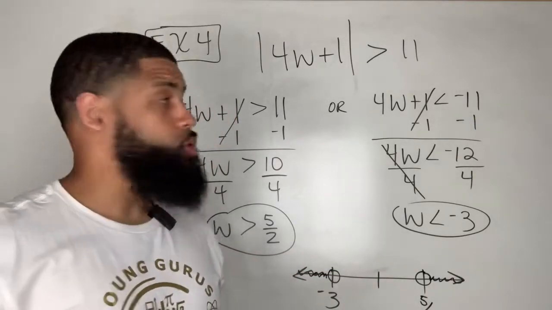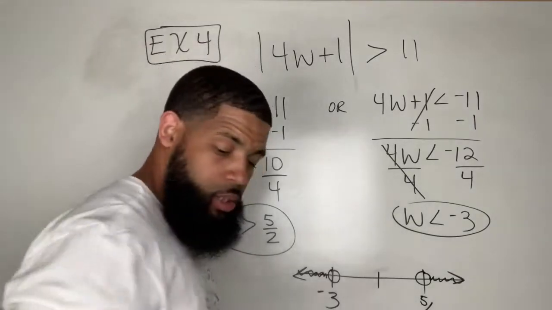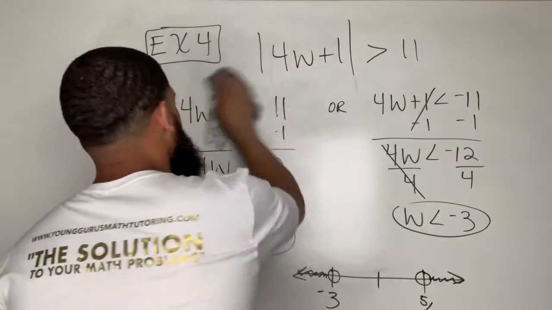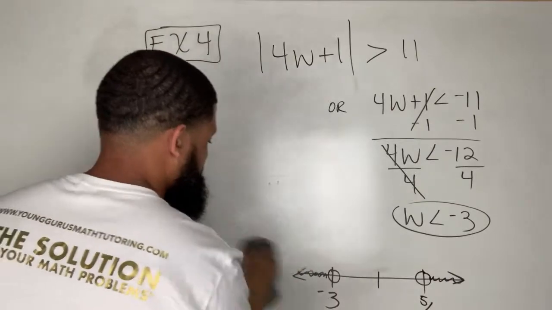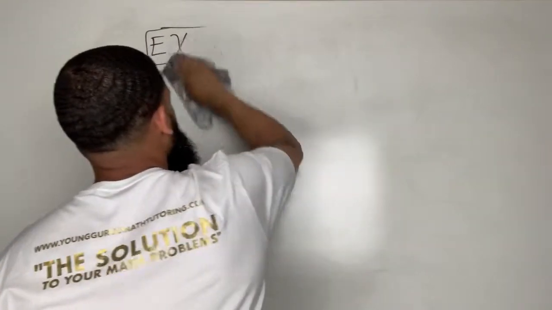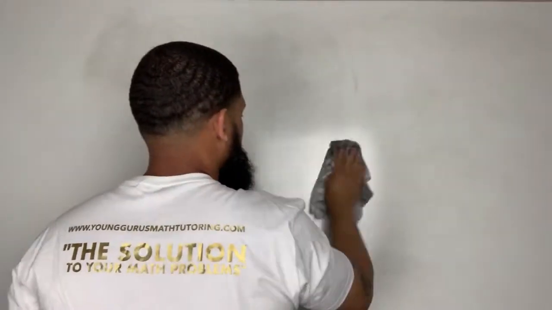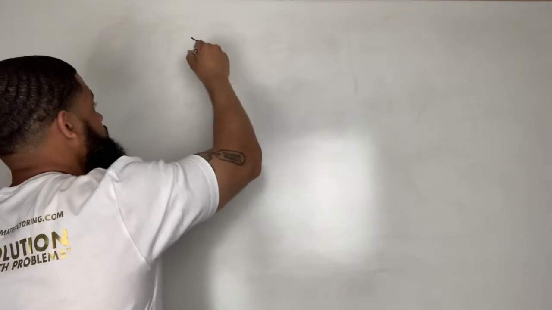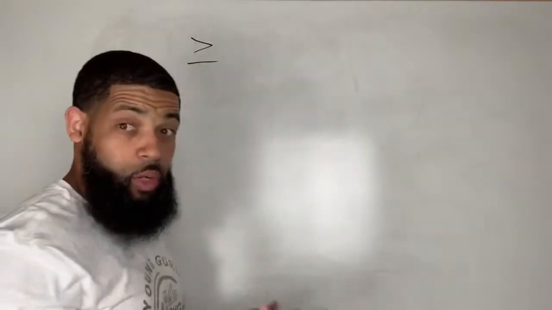Now, one thing that I want to remind you in this, if we have an absolute value inequality, there are two types. So you have one that's a conjunction and one that's a disjunction. All right. The one that has greater than or equal to or greater than, you're going to use or.